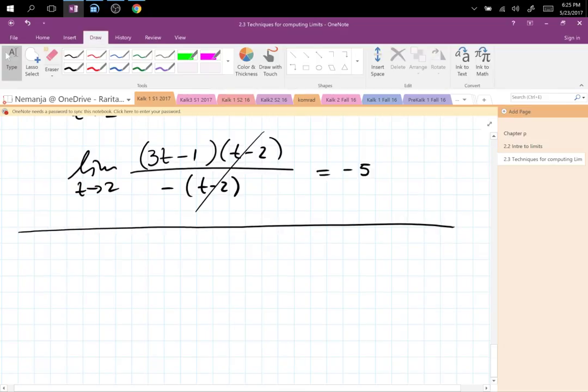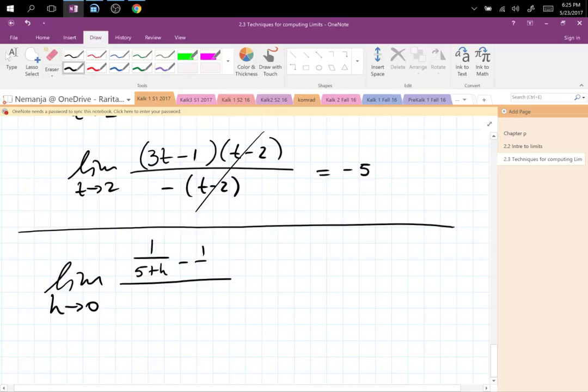Limit as h goes to 0 of 1 over 5 plus h minus 1 over 5, everything divided by h.